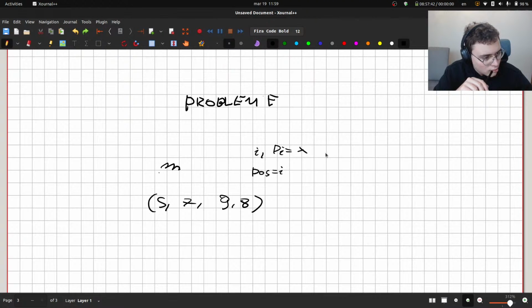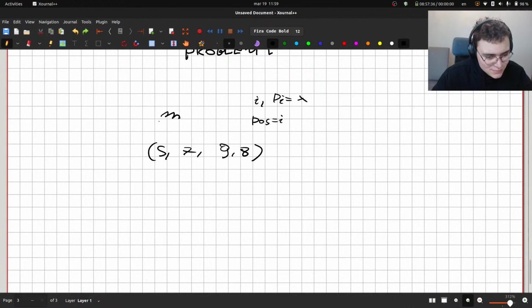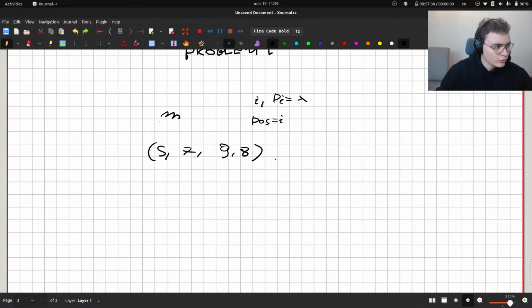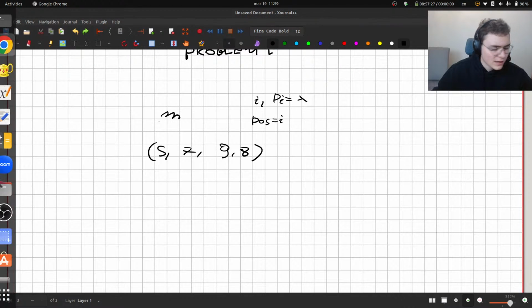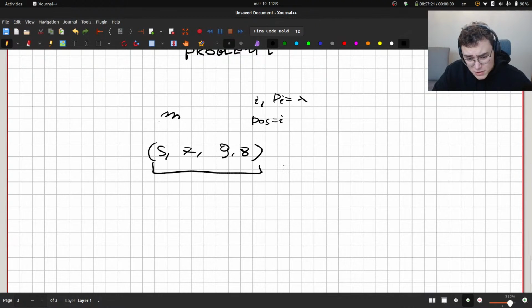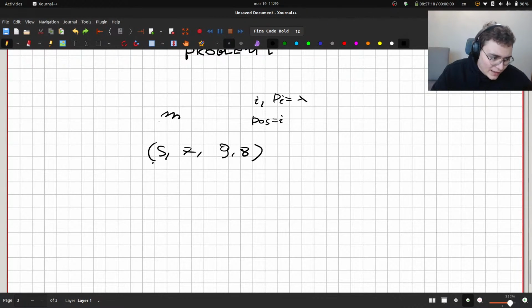Okay. So now the most beautiful observation in this problem. We'll never compare with position 1. Oh, you don't see my board? No, you see my board. Okay. The most beautiful observation is that we never compare with position 1. Why?